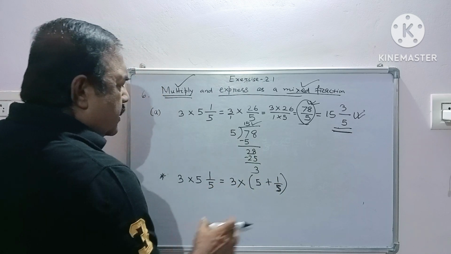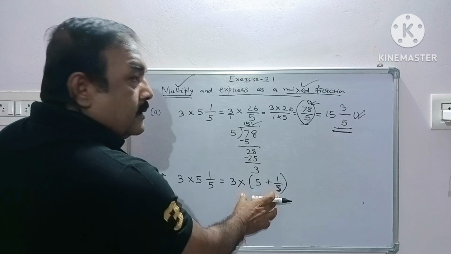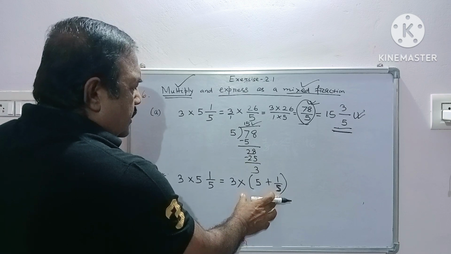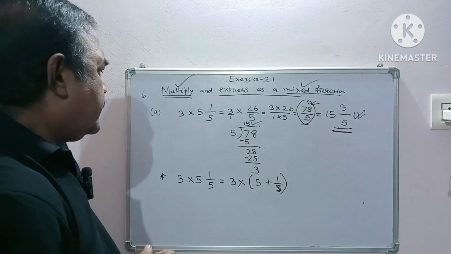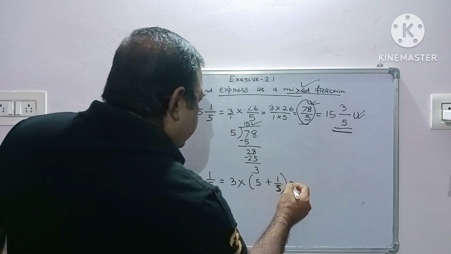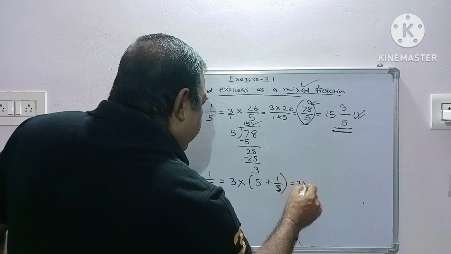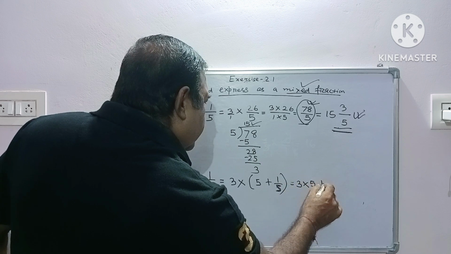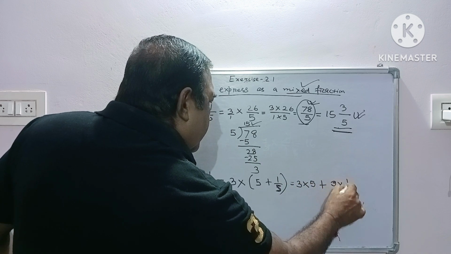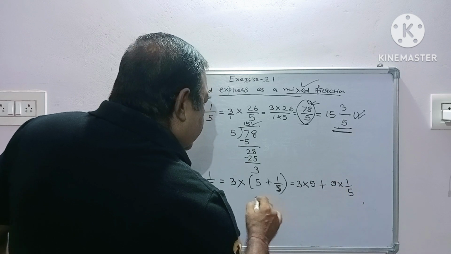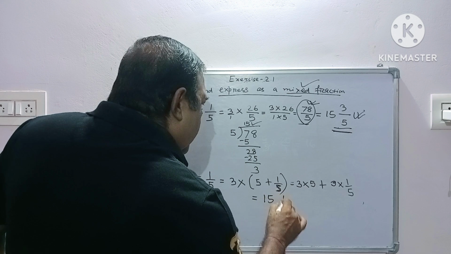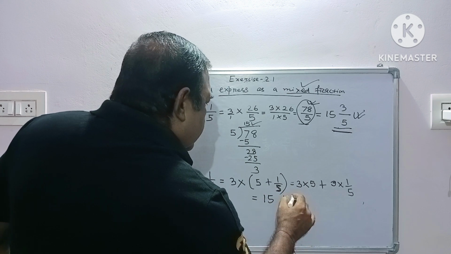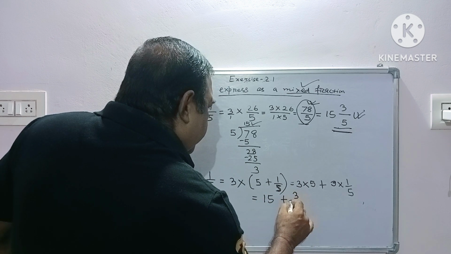So you follow the distributive law of multiplication over what? Addition. What it says? 3 into 5 plus 3 into 1 upon 5. That is equal to 3 5s or 15 plus 3 into 1, 3 upon 5.